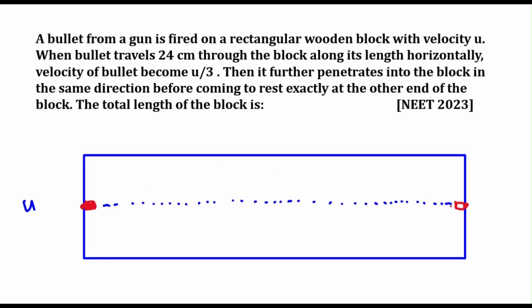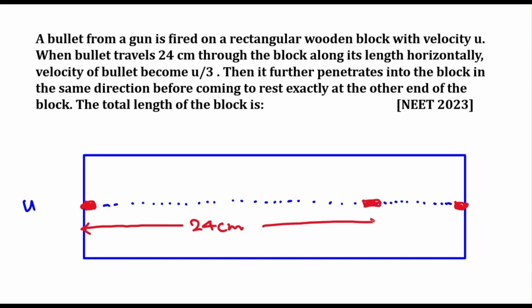Now we have the wooden block and bullet, and when this bullet travels 24 centimeter, its velocity becomes one third of its initial velocity. Let's say this is the point where the bullet comes after traveling 24 centimeter.